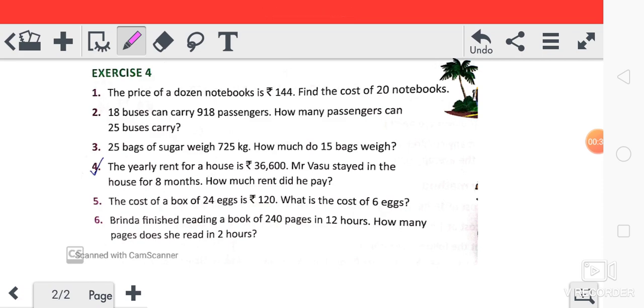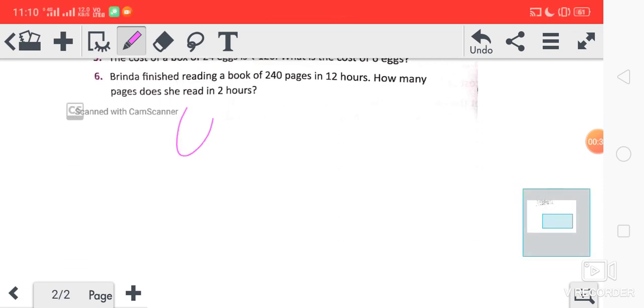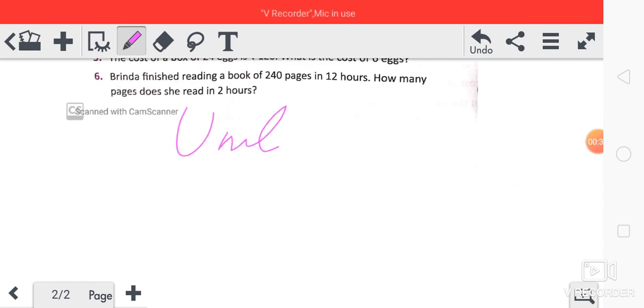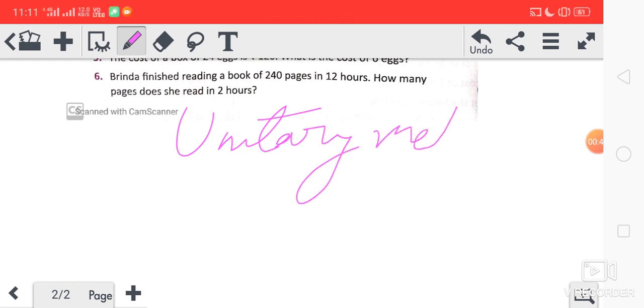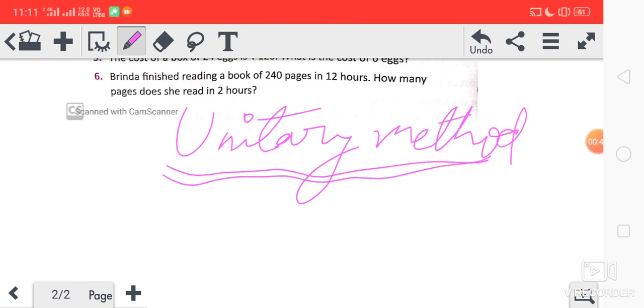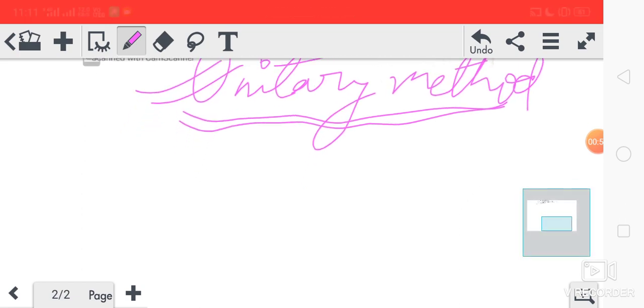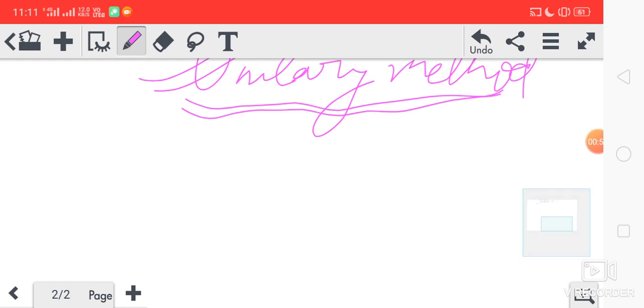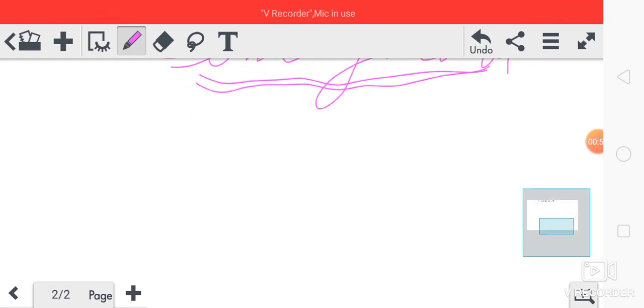Okay, what do we call it? Unitary method. Okay, we call it the unitary method. Very important topic, this one. So first of all we'll have to discuss what the unitary method is.